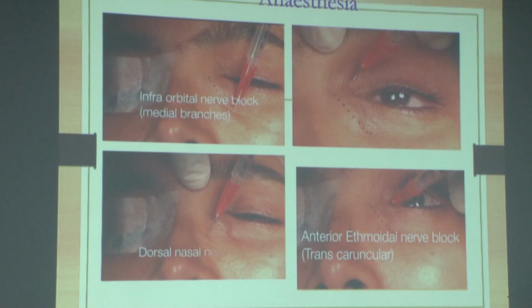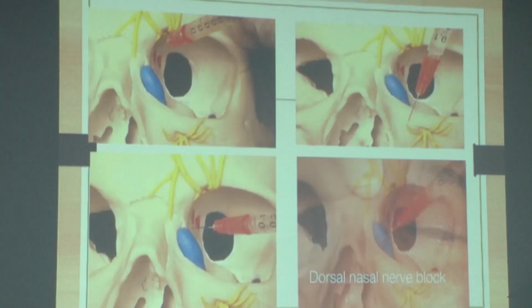This should be done around 10 minutes before you have planned the surgery. That will give sufficient anesthesia and hemostasis, because most of the time we use xylocaine with adrenaline. So these are the blocks we have discussed.